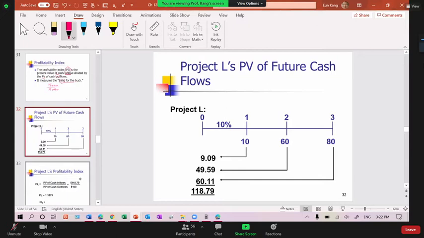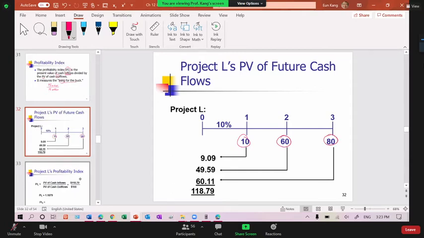Don't mix that. Net present value, you mix that, right? You mix negative cash flow plus positive cash flow and look at the net result, right? A profitability index, you have to separate negative cash flow and positive cash flows. So there is no negative cash flow, only positive ones, right?